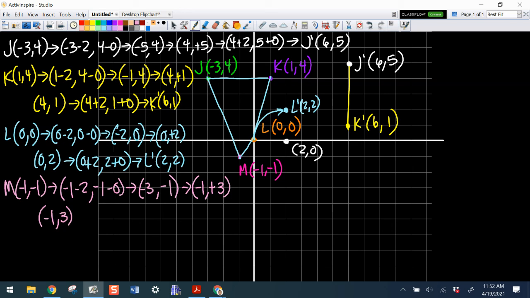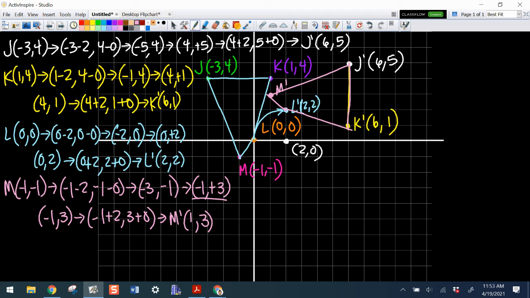Again, we're using the function, which tells us to swap x and y and change the second sign. Now let's add our center of rotation back. So we're going to add 2 to our x, add 0 to our y, and M prime will be located at (1, 3), which would be here.